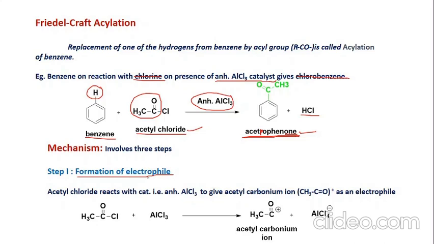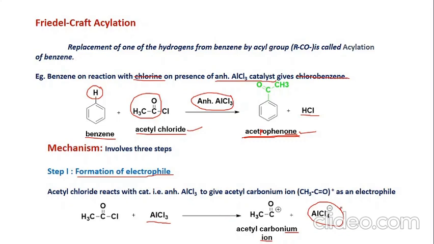In the formation of the electrophile, acetyl chloride reacts with the catalyst AlCl3 and gives the acetyl carbonium ion. This IUM stands for the positively charged species, along with the generation of this base. So now we have in hand the electrophile, the acetyl carbonium ion.